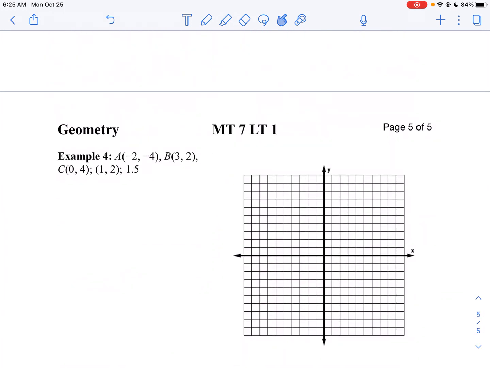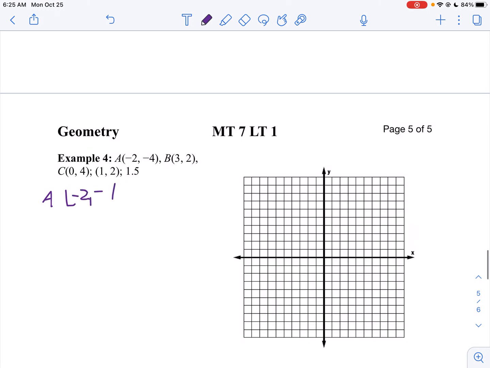I'm going to multiply it by 1.5 this time. So I'm going to take each of my points. So A, which is at -2, 4. -4, I should say. Multiply that by 1.5, so it'll be at -3 and -6. That'll be A primed. Then I'll take B, which is at 3, 2.